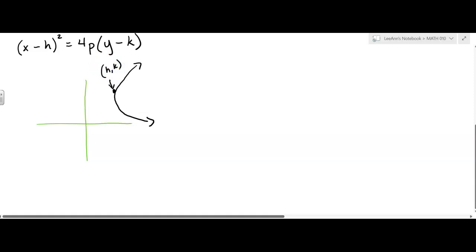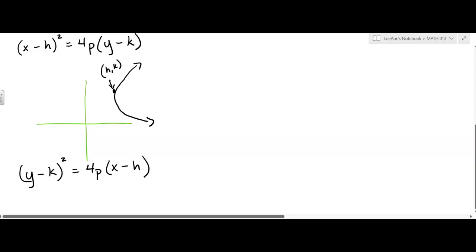And the equation goes like this. It has to be (y minus k) squared. Remember, k always goes with the y and h always goes with the x. But this time we're having a y squared because it's a sideways one. And then that's going to equal 4p times (x minus h). Okay, so that's the equation.